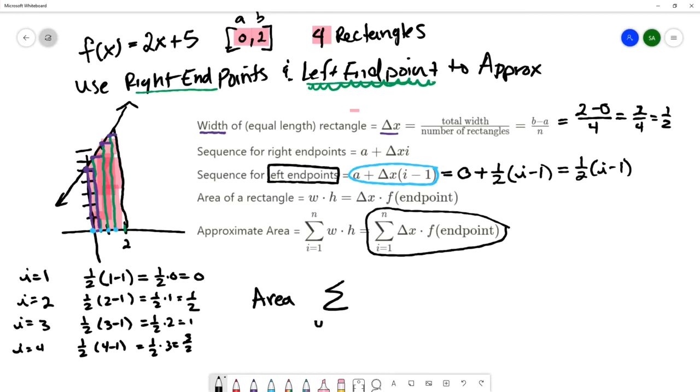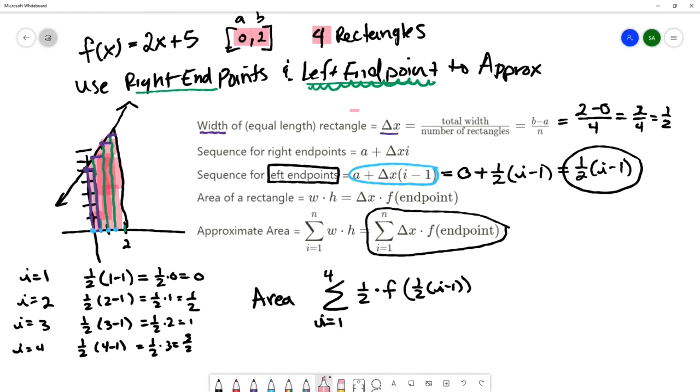We have the sum of i equals 1 to n. n, remember, is the number of rectangles. We have 4 rectangles. And that's going to be delta x. That's 1/2. That's the width of each of our rectangles, times f at our endpoints. We're using the left endpoints, and I'm going to use the sequence 1/2 times i minus 1.